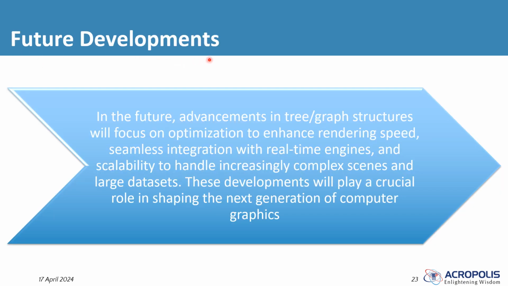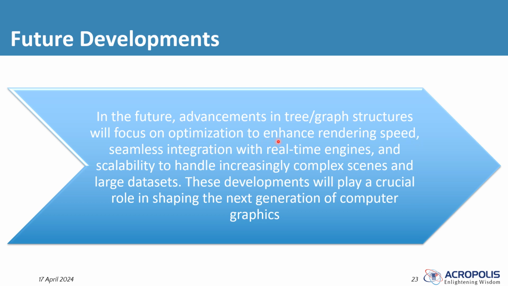For future developments of tree and graph structure, we must follow these things. In the future advancement of tree and graph structure, we focus on optimization to enhance rendering speed.